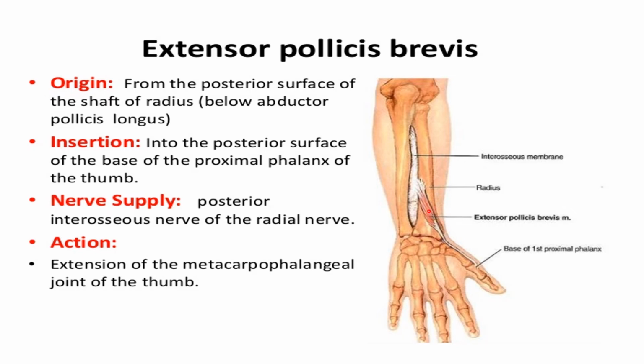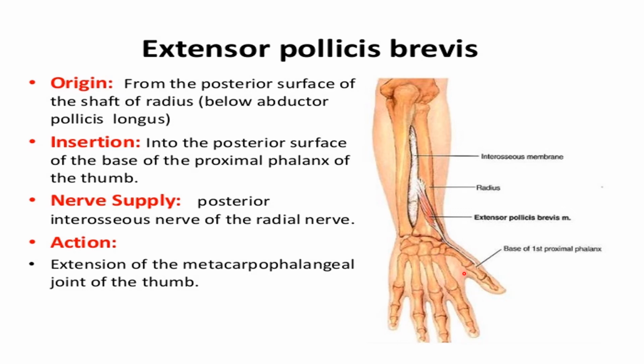It originates from the posterior surface of the shaft of the radius below the abductor pollicis longus, and inserts into the posterior surface of the base of the proximal phalanx of the thumb. So extensor pollicis longus is inserted into the distal phalanx, and this extensor pollicis brevis is inserted into the base of the proximal phalanx of the thumb, and the nerve supply is the posterior interosseous nerve of the radial nerve.